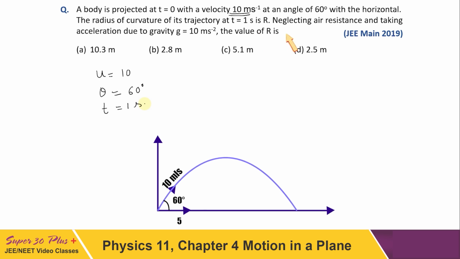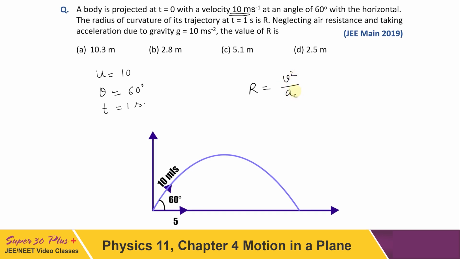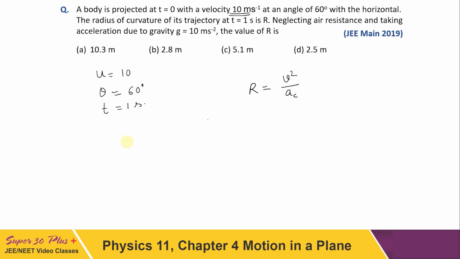Now if you can recall, I had told you that for any curvilinear motion, the radius of curvature r can be written as v square upon ac, where ac is centripetal acceleration. If we write velocity after time t both in x and y direction, x I am here taking as horizontal direction and y as vertical direction.